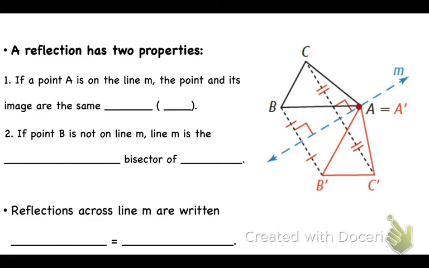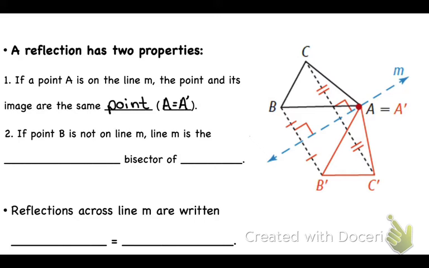Yes, it is. So if point A is on the line of reflection, then the images are the same point. And that means A is equal to A prime.